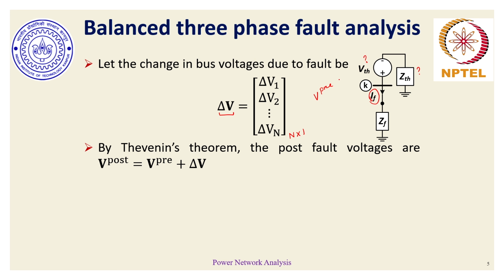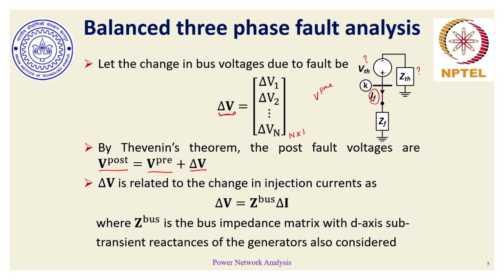By Thevenin's theorem, if we can know what these delta V values are, then we can apply the superposition theorem and get our post-fault voltages, which would be a superimposition of pre-fault voltage and the change in voltages. This change in voltages depends upon the Z-bus matrix, which was obtained from the Y-bus inverse, and a current injection vector, which is again an n cross 1 matrix.